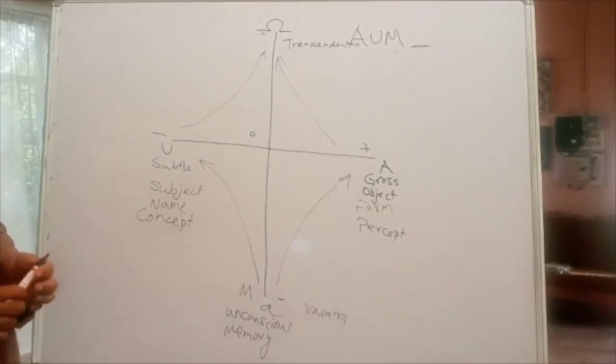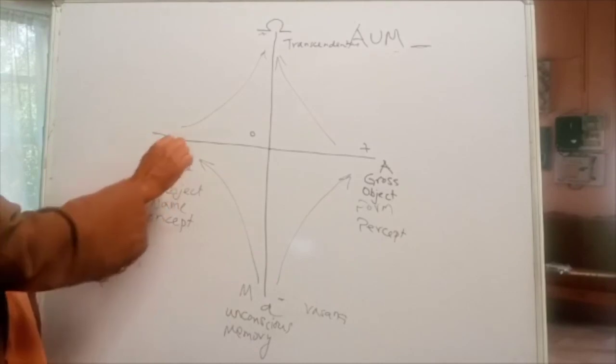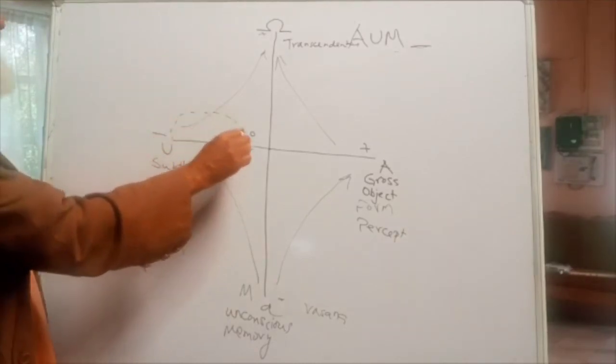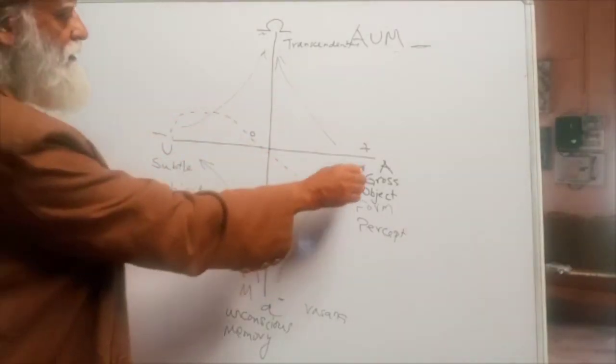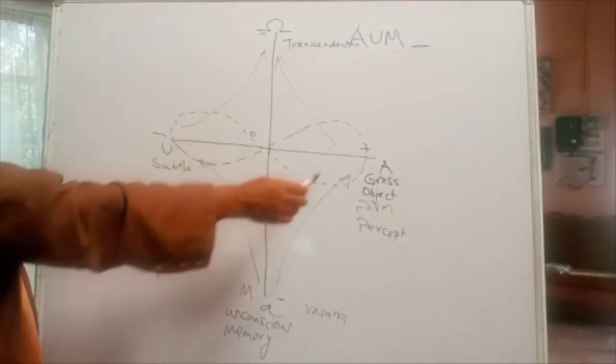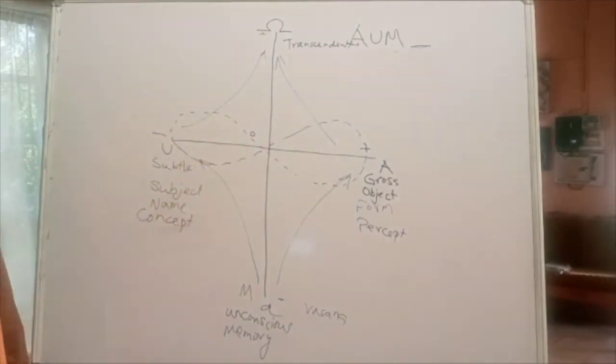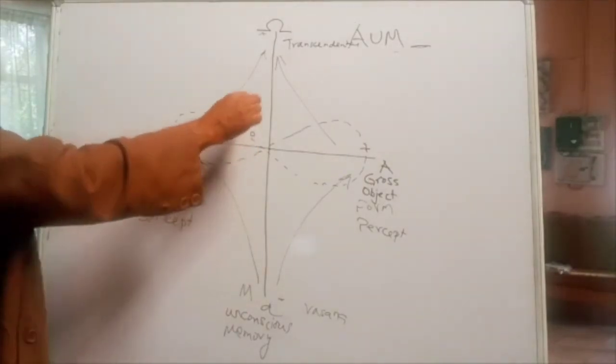And if you want to understand the movement, usually it is described as the figure of 8 movement. So they draw it like this. The movements take place like this, so that it goes through all the 4 quadrants. Our consciousness moves through all the 4 quadrants in its manifestation, or it could move like this also.